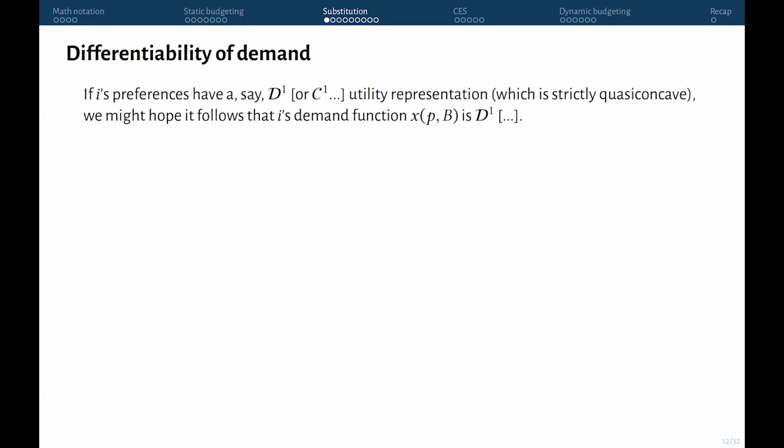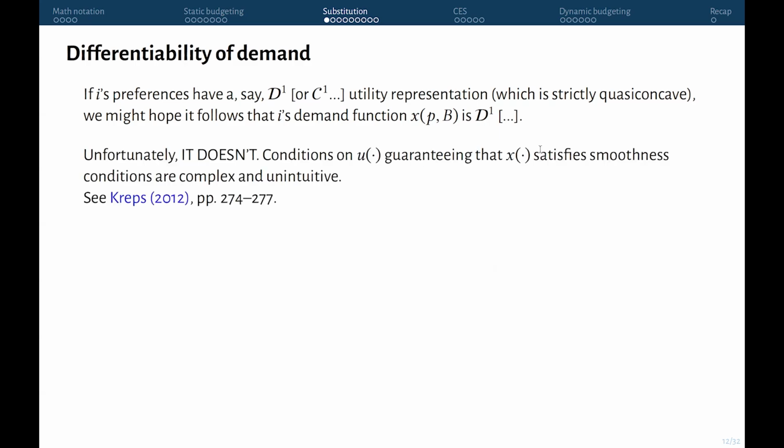Okay. Before talking about substitution, we'll be working with demand functions. Just a technicality to get out of the way is that you might hope that if you've got preferences that admit a smooth utility representation of some kind, differentiable or continuously differentiable, you might hope that the demand function, given that it exists, given that we've got strict quasi-concavity, inherits the smoothness of the utility function.